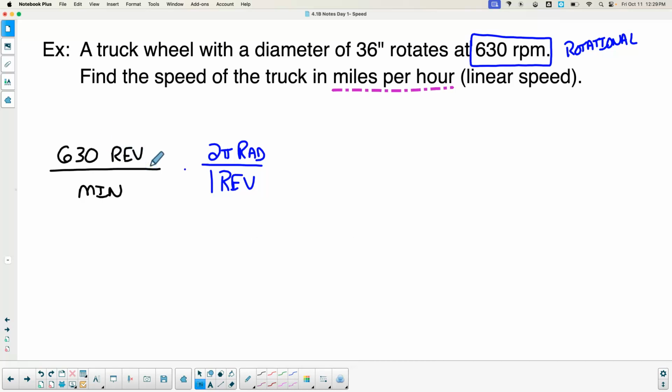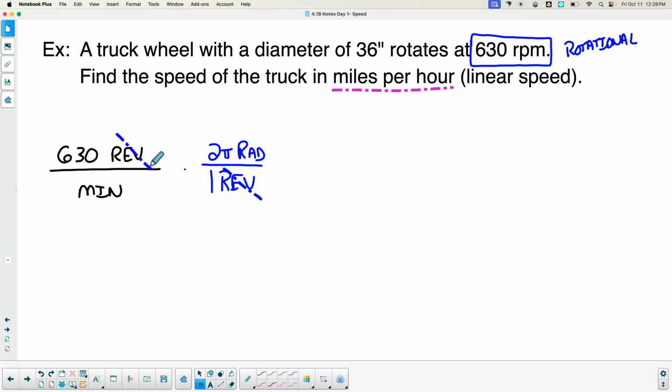Now I can cross out my revolutions. So now I'm in radians per minute. Still not in miles yet.